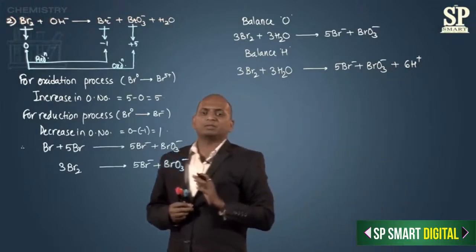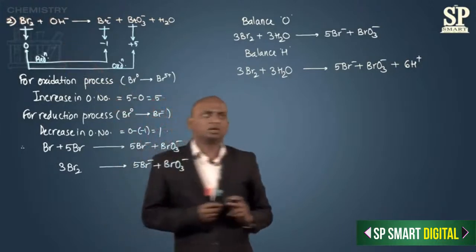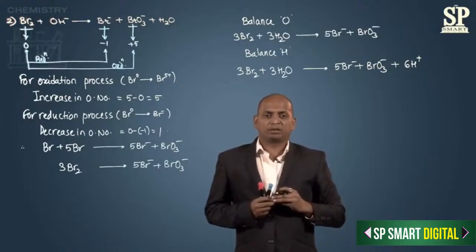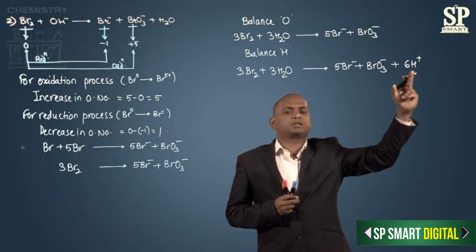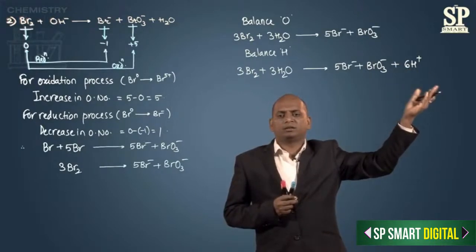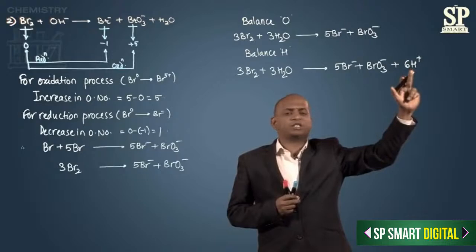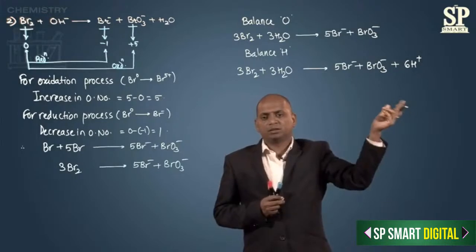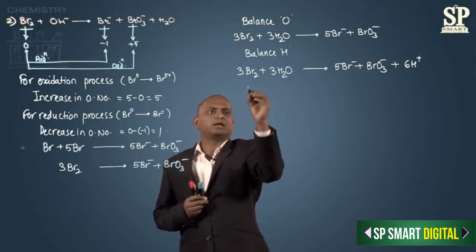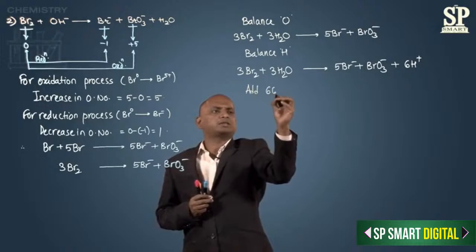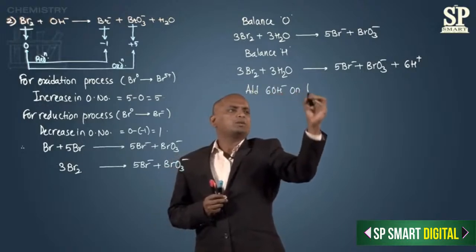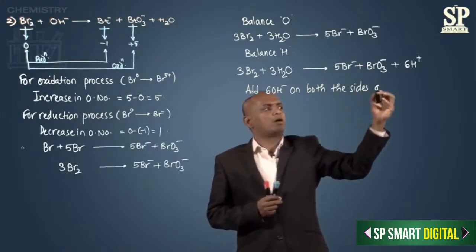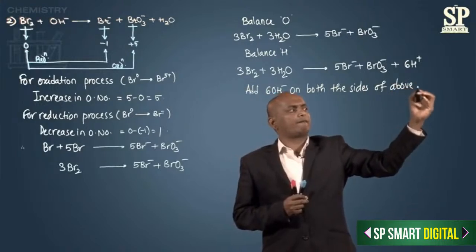Now since the medium is alkaline, OH minus, we need to add OH minus on this side. How many OH minus ions? The number of H plus ions present on the other side. Here there are 6 H plus ions, so add 6 OH minus ions on both sides of the above reaction.